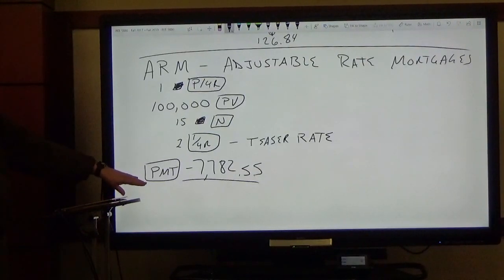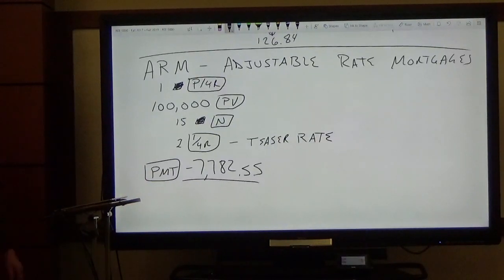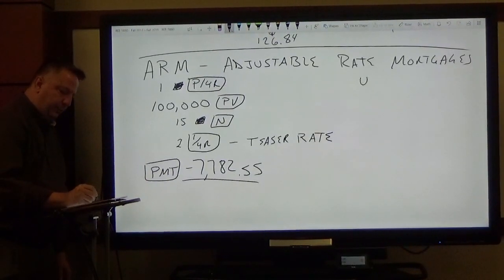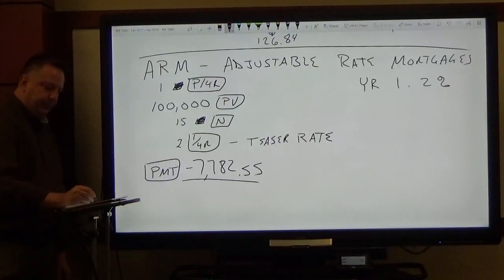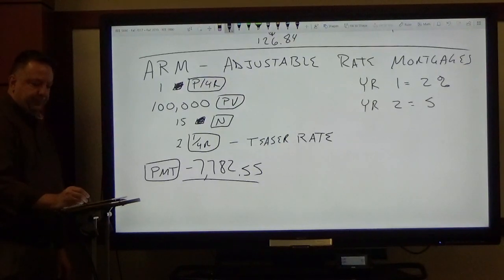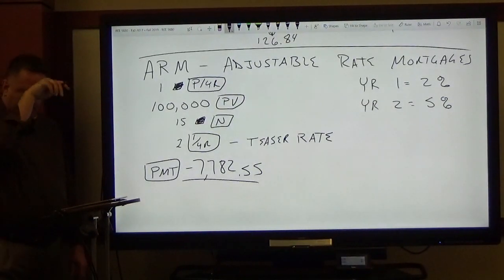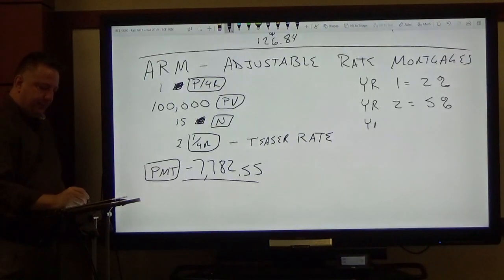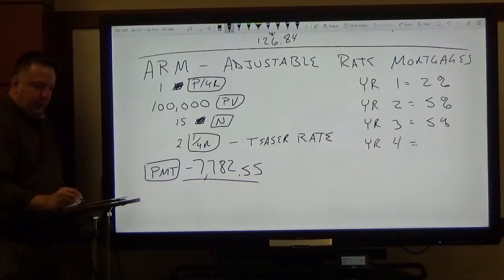So we get to this point, and so for year 1, our interest rate we said is this teaser rate of 2%. But in year 2, it's going to jump, maybe to 5%, okay? And maybe it'll stay that way for another year. And then in year 4, maybe it goes up to 7%. All right?